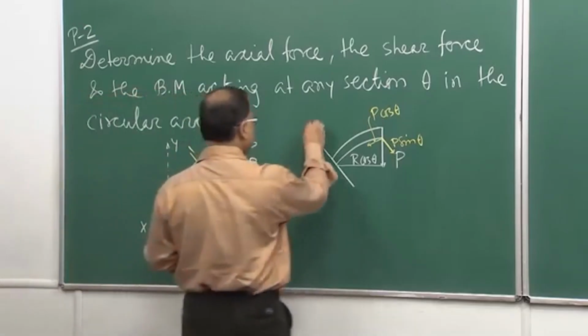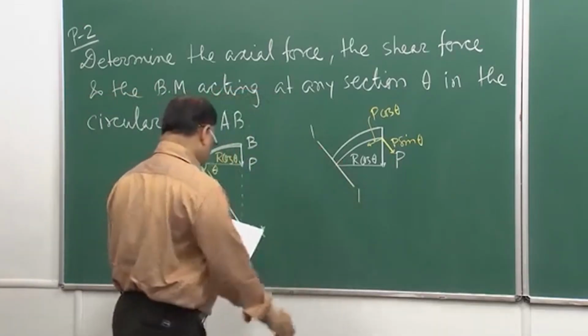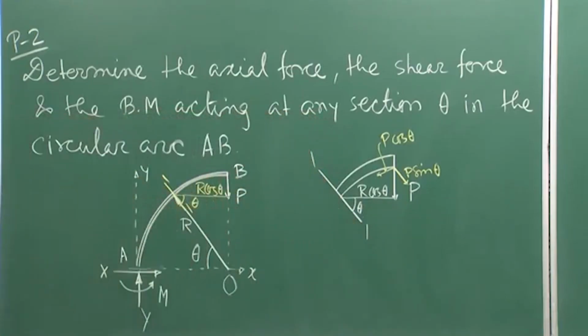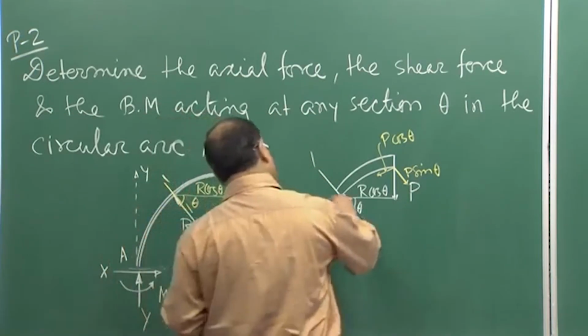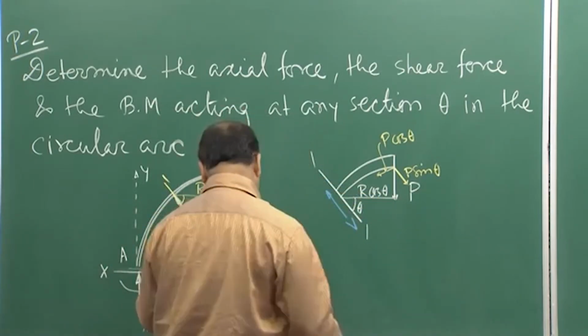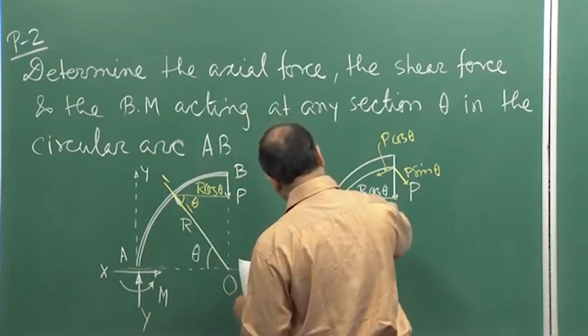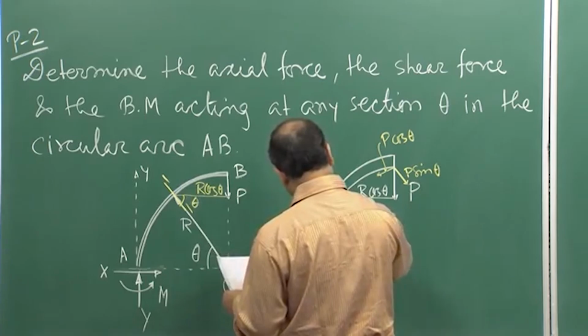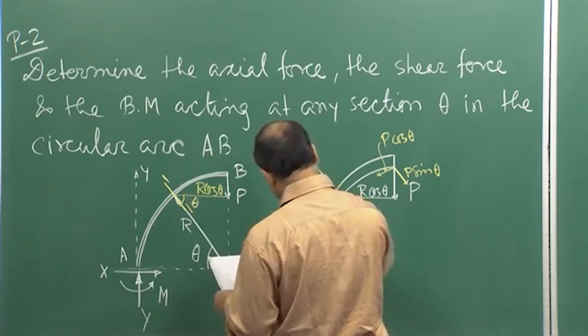This is your section 1, this angle is theta, and you are getting the development of your shear force like this, bending moment like this and the axial force like this.